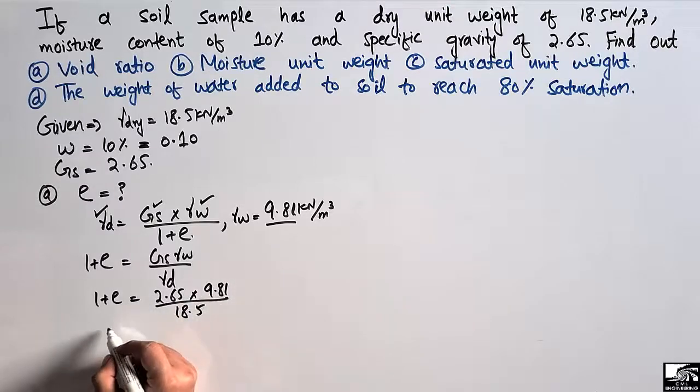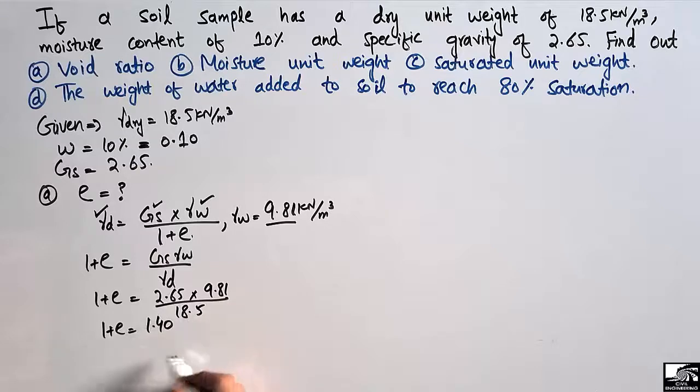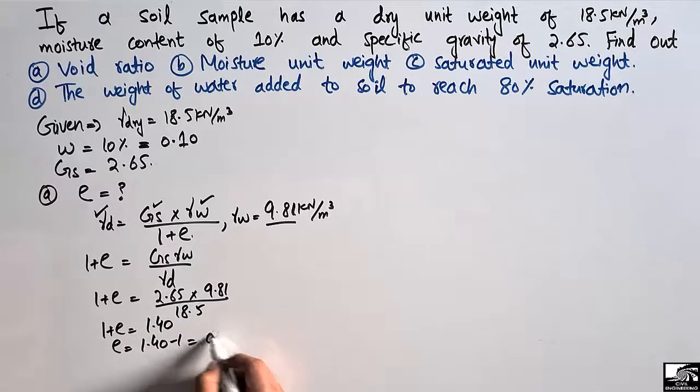By solving this, we get 1 plus e equal to 1.40. Now e will be equal to 0.40. So the void ratio for this soil sample is 0.40.